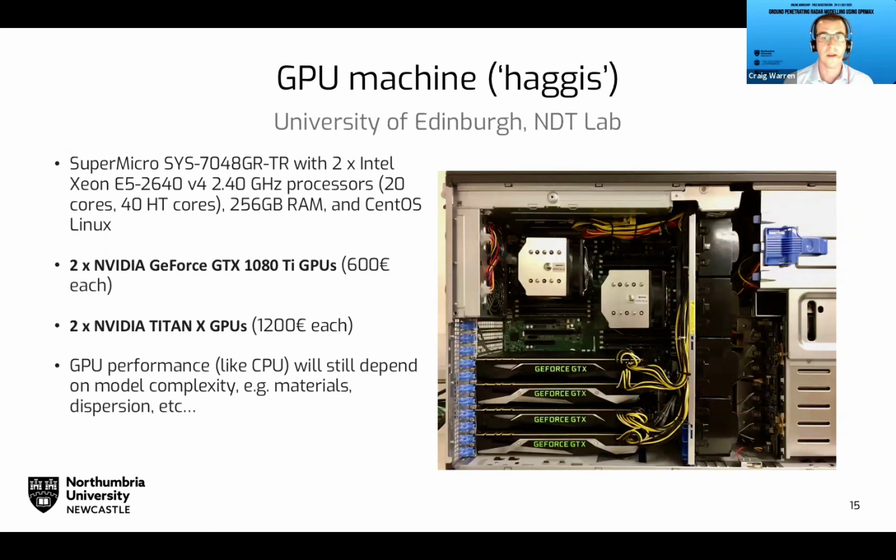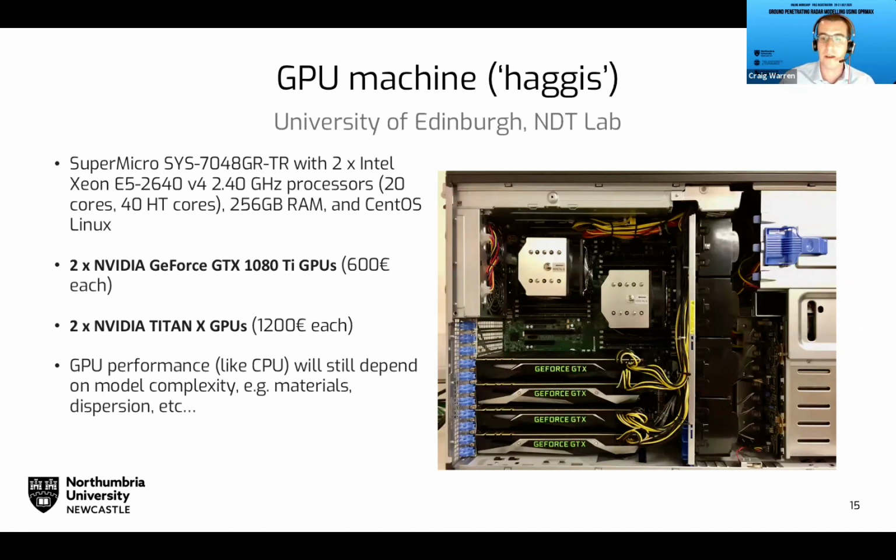So it was a 2-socket 20-core machine with 250 gig of RAM. However, if we were to do this again now, knowing what we know, we would probably reduce that spec and save some money on that side and just focus our money on the GPUs. So we outfitted this machine with a couple of GeForce 1080 GPUs, which at the time I think were about 600 euros each, and a couple of more expensive Titan X GPUs.